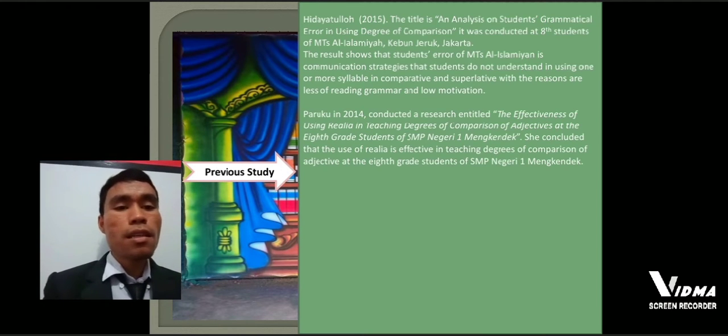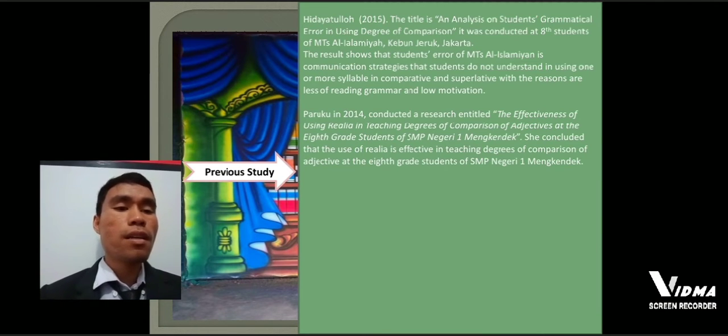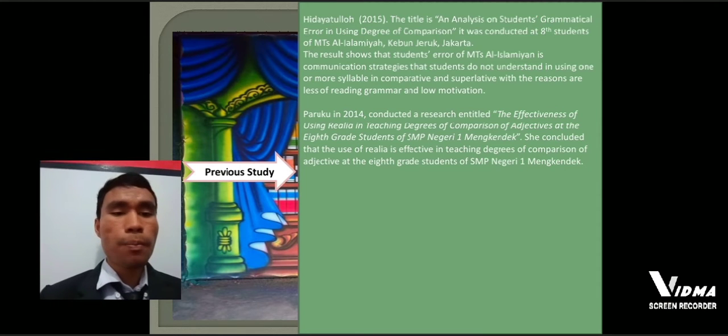And the second is from Paruku in 2014, who conducted research entitled The Effectiveness of Using Realia in Teaching Degrees of Comparison of Adjectives at the 8th grade students of SMPN 1 Mengkendek. She concluded that the use of realia is effective in teaching degrees of comparison of adjectives at the 8th grade students of SMPN 1 Mengkendek.